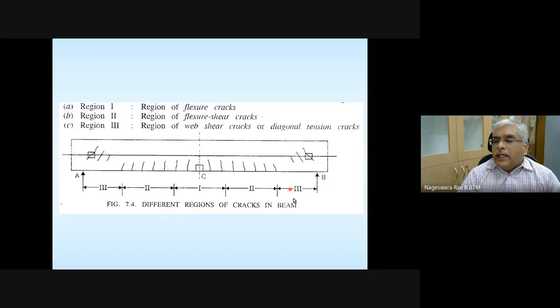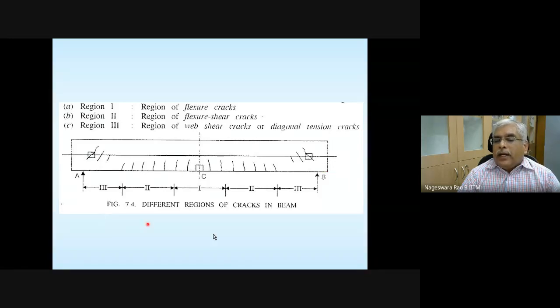In region 3, the bending moment is going to be 0 as you come closer to the support, and shear is going to dominate. So in region 3, you may notice web shear cracks or diagonal tension cracks.